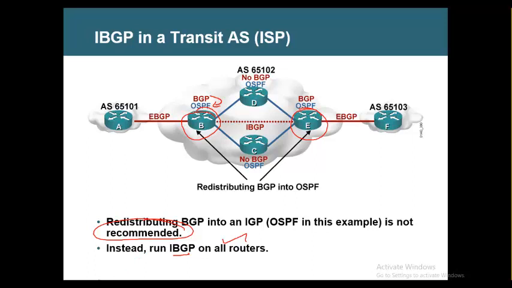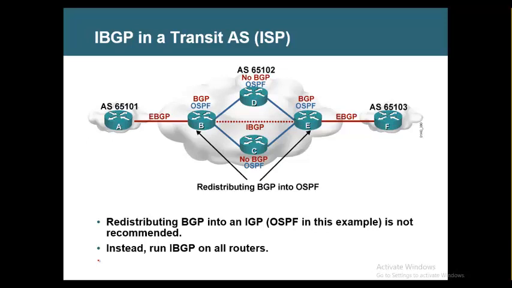Number 1, process utilization when you do redistribution from a big protocol to small OSPF and small OSPF to big BGP. Secondly, we saw the external network and inside network get mixed. And to avoid inside network going to the customers, we need to put a lot of filtration, which is an unnecessary and difficult task. And thirdly, we lose all the attributes that were set in BGP if you are redistributing from BGP to OSPF. Okay, so redistribution is not a solution.